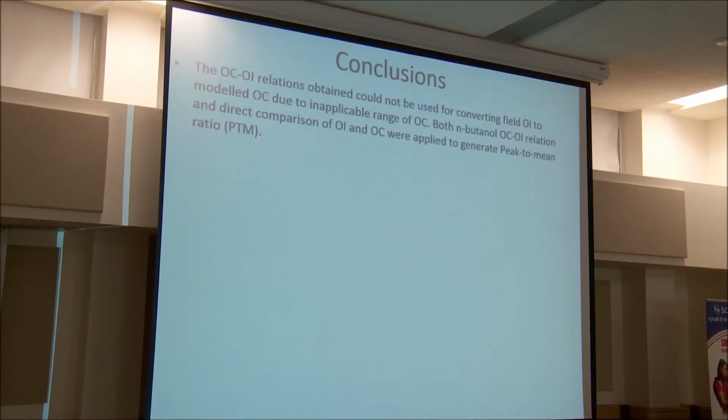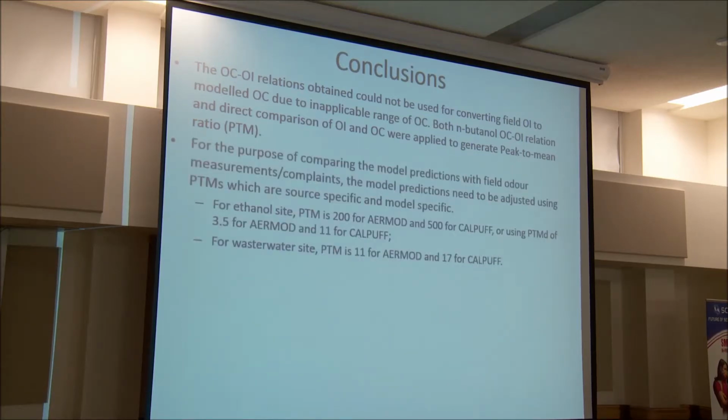Okay, to the conclusion. What we learned is that the OI-OC relationship that we generated by our experiment cannot be used for this study because it's out of the applicable range. So we need further study to learn how to convert OI-OC at the low range.